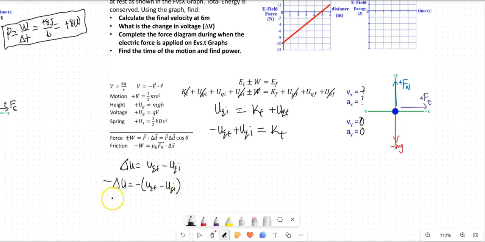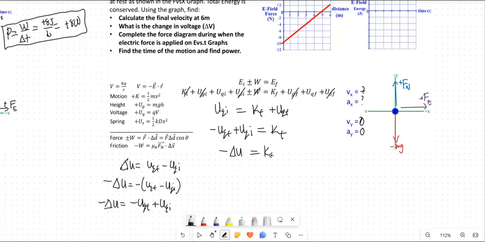And when we do that, negative delta U is going to be equal to negative U sub QF, and negative times negative is a positive U sub QI. All right, so you can see that this is actually negative delta U. Okay, final. Right there.